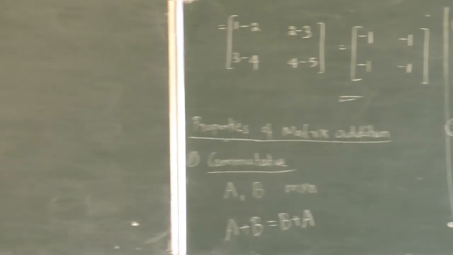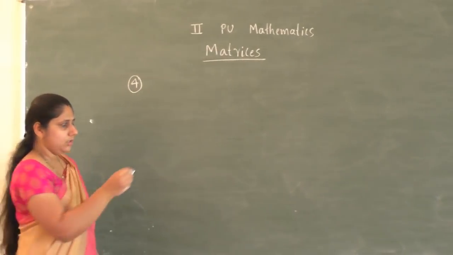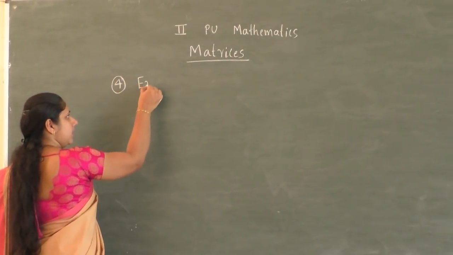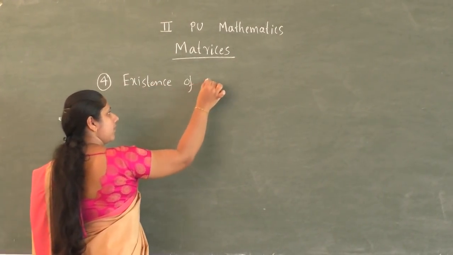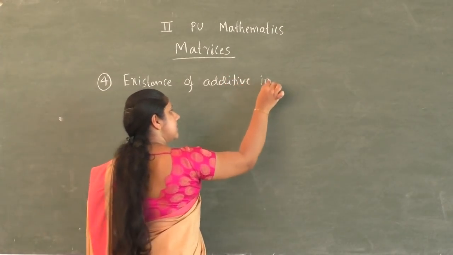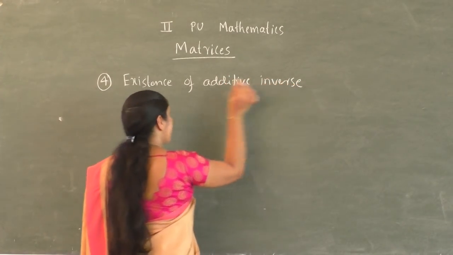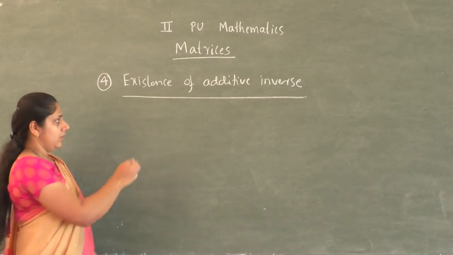Now, the fourth property of matrix addition is existence of additive inverse.